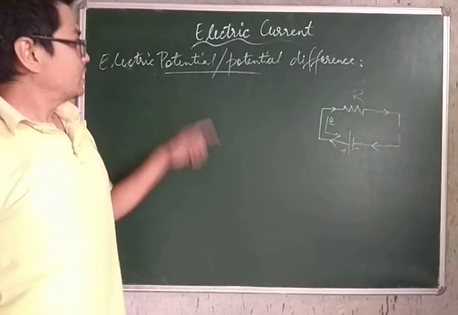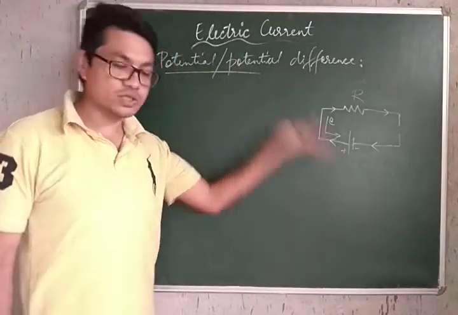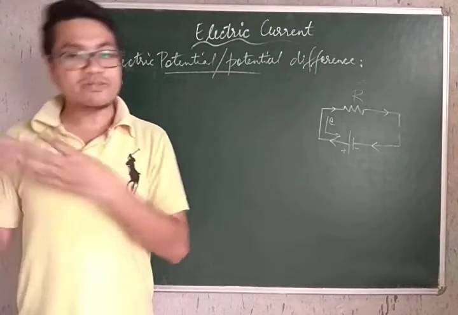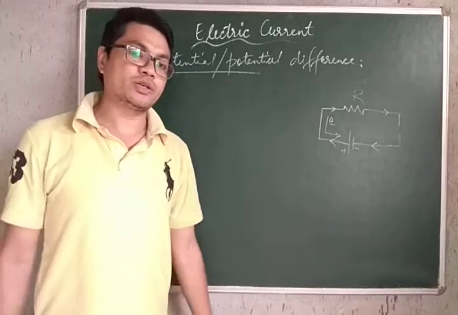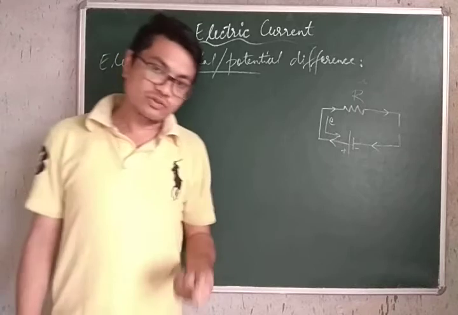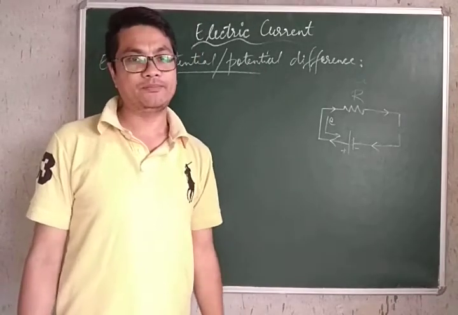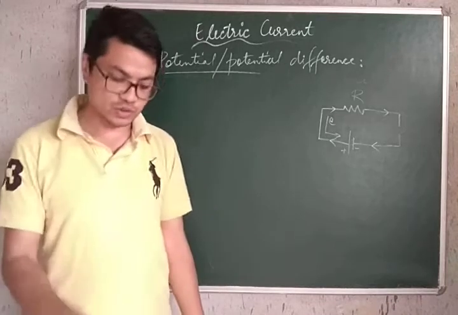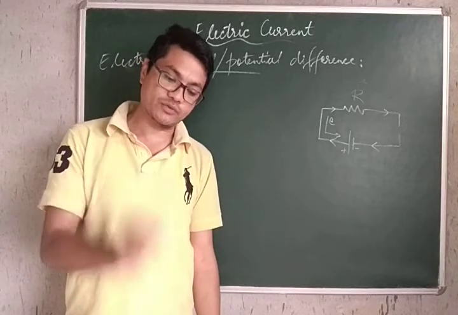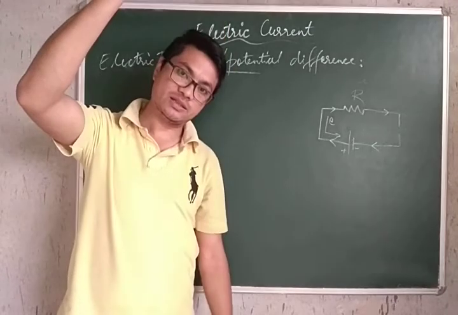Now remember, whenever you hear the word potential, be it potential difference, electric potential, or potential energy, gravitational potential energy, static potential energy, you have to understand that it has got something to do with work done. What is gravitational potential energy? The work that I do to lift this piece of chalk, or any body, from a certain height to a point high above it.